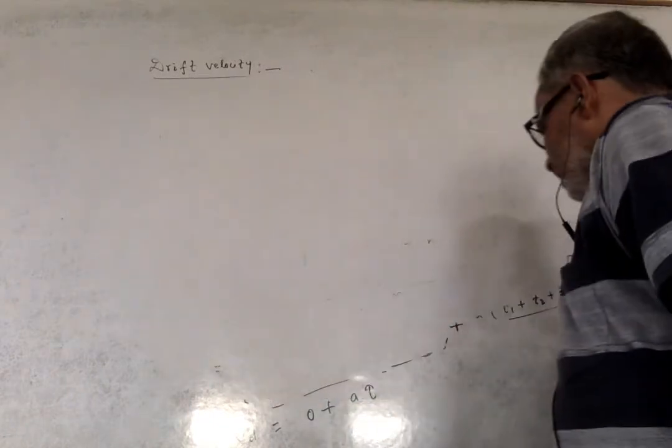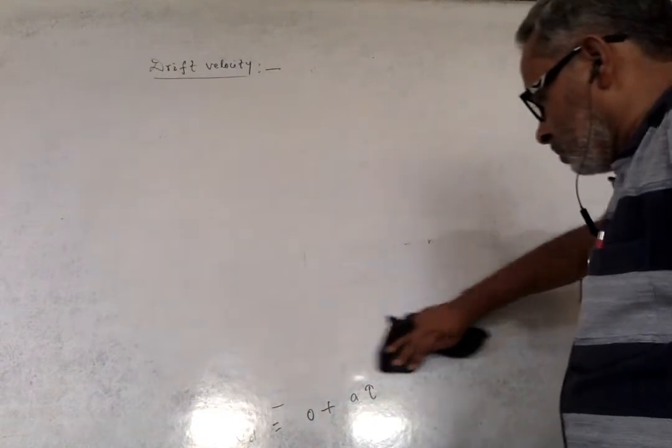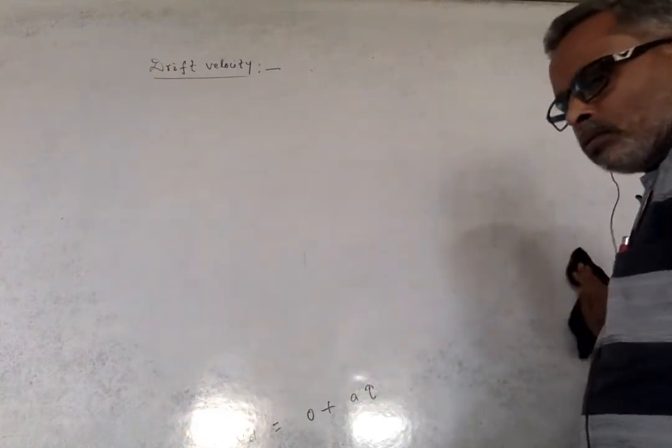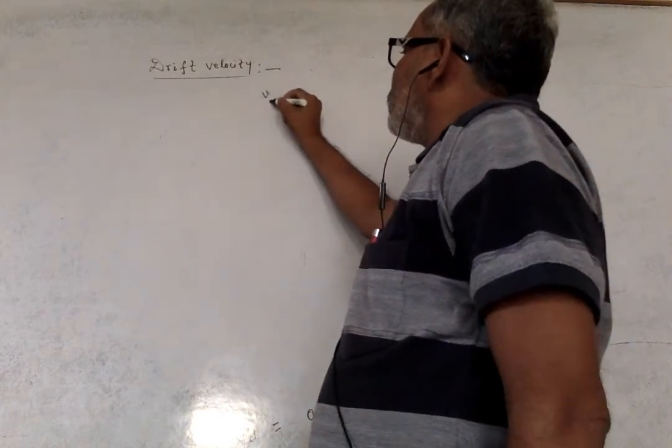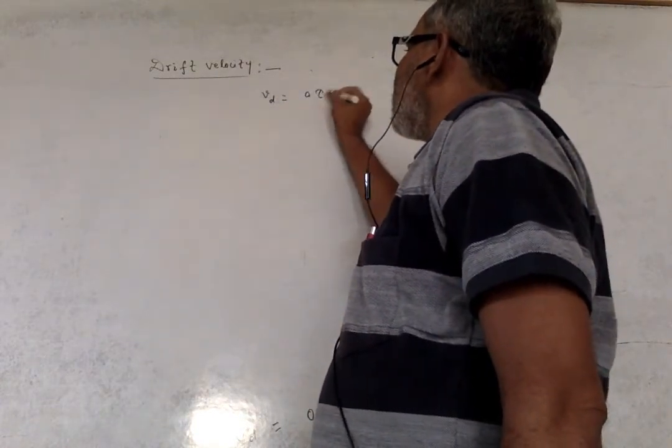Tau is the relaxation time. Vd equal to A tau.